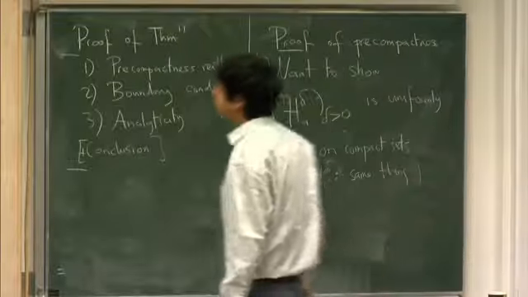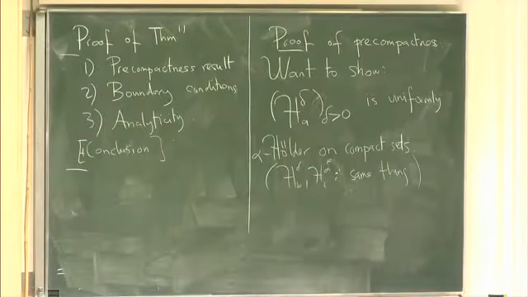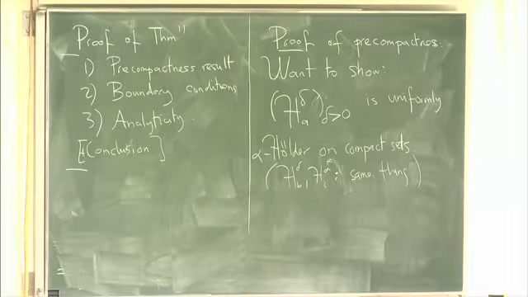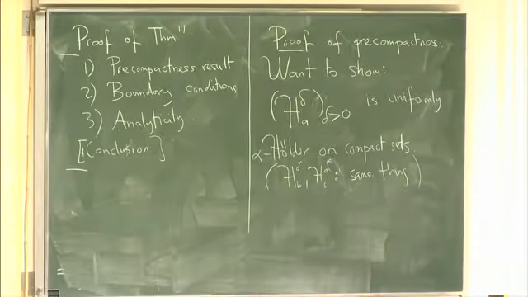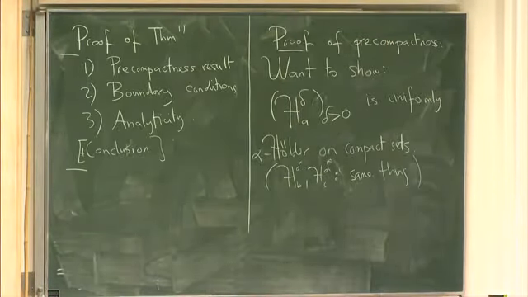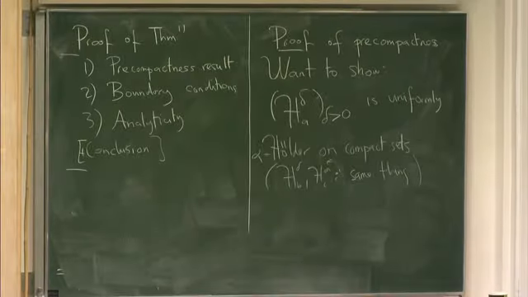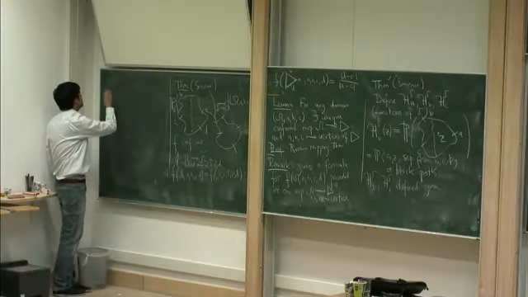Okay, so how do we prove that? Well, how do you prove that something is continuous or uniformly continuous? You just ask the question: what happens if I look at the values of the function at two points that are close to each other?